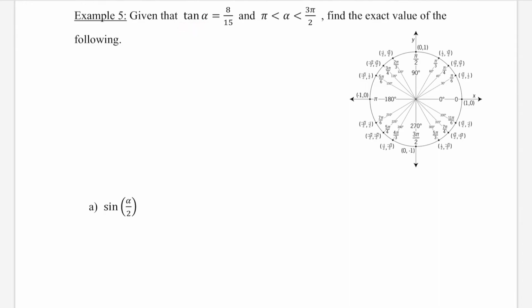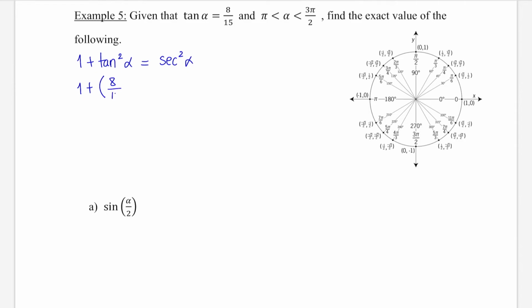I can use the Pythagorean theorem. 1 plus tangent squared alpha equals secant squared alpha.